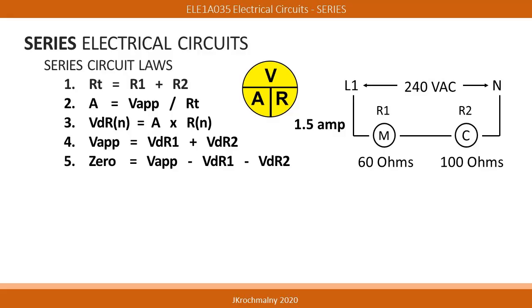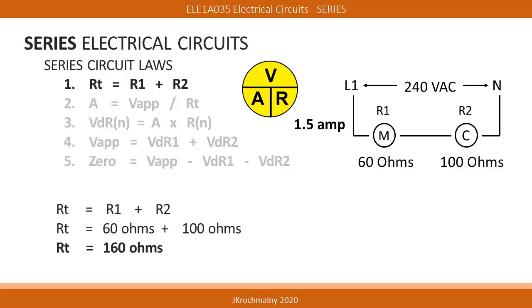The first one, RT equals R1 plus R2 plus R3. The second law, the amps A equals VAPP divided by RT. The third states that VDRN equals A times RN. The fourth, VAPP equals VDR1 plus VDR2 plus VDR3. And then the fifth law, 0 equals VAPP minus VDR1 minus VDR2 minus VDR3.